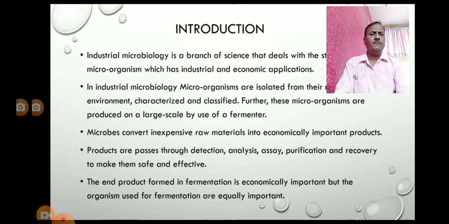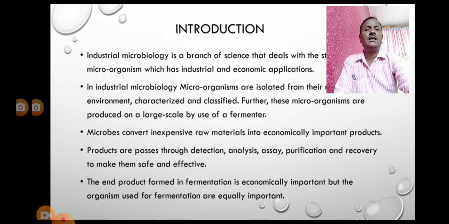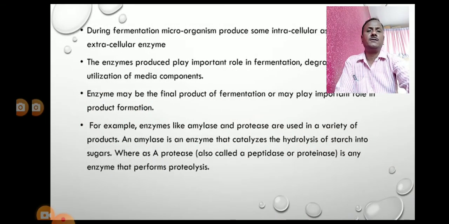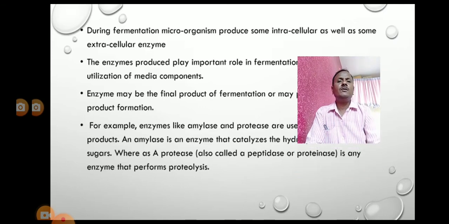The end product formed in fermentation is economically important, but the organism used for fermentation is equally important. During this fermentation process we can also produce intracellular as well as some extracellular enzymes.